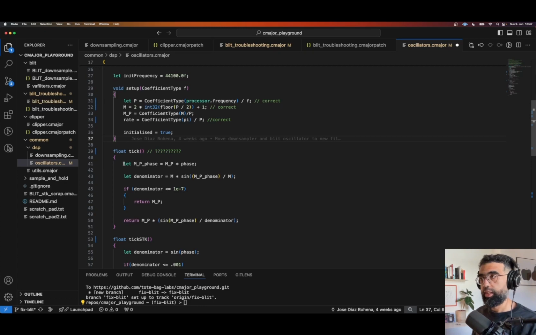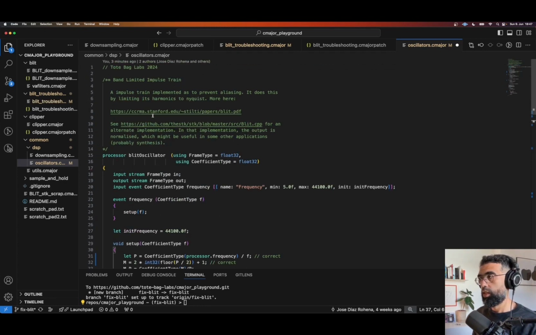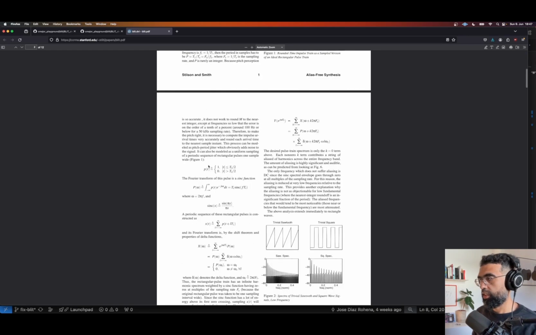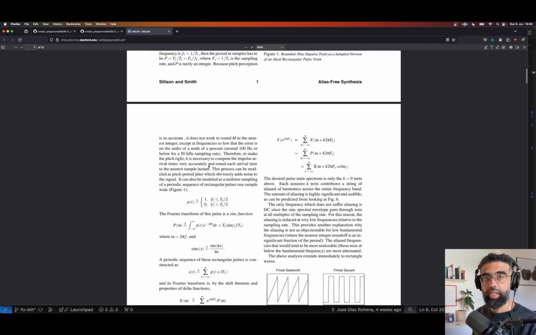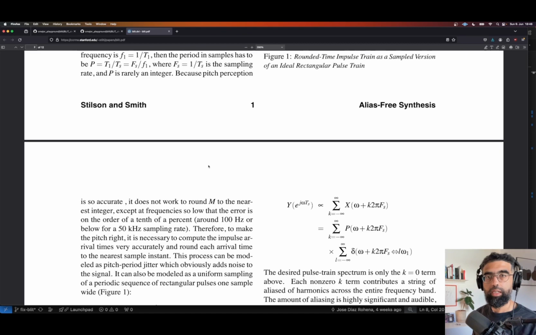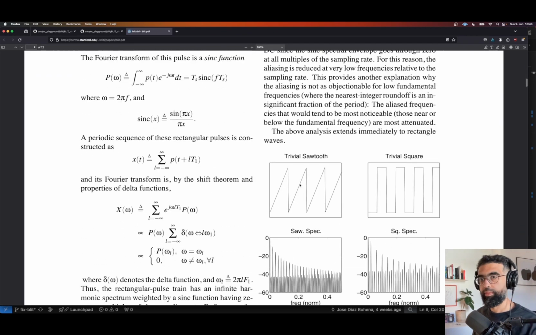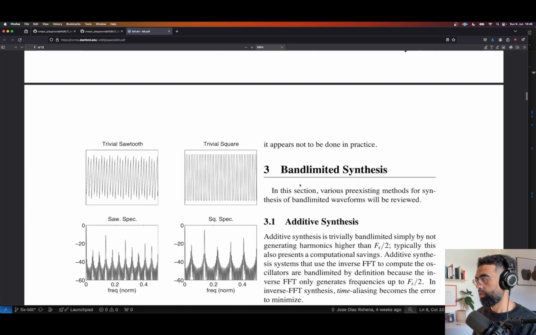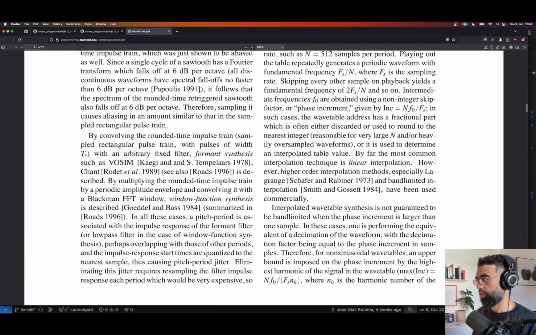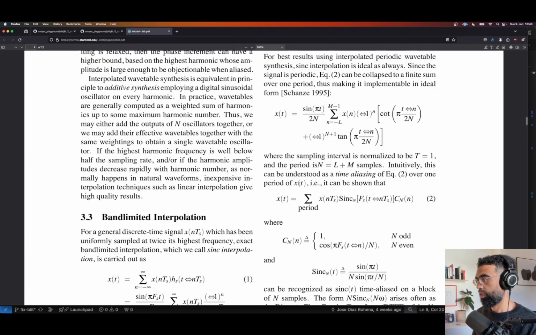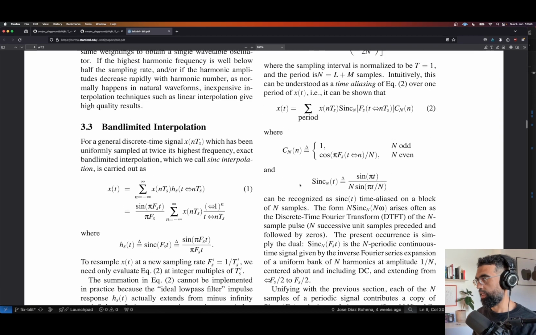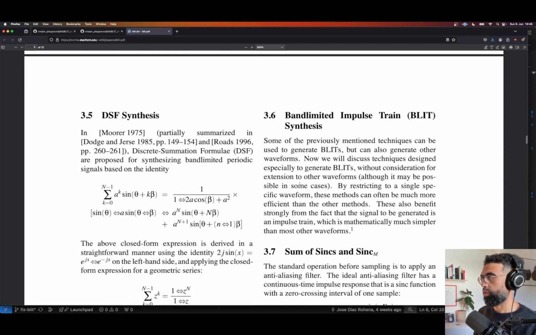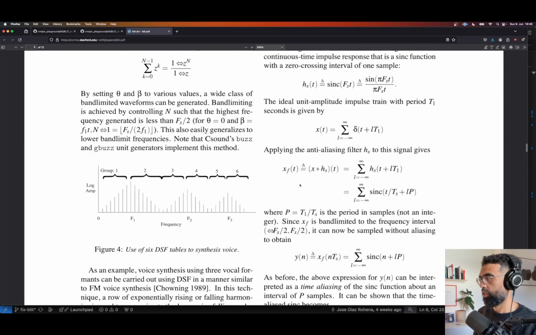So let's take a look at the paper again. Okay. Where are we? Okay, so band limited impulse train synthesis.